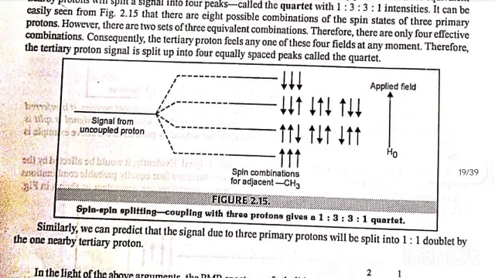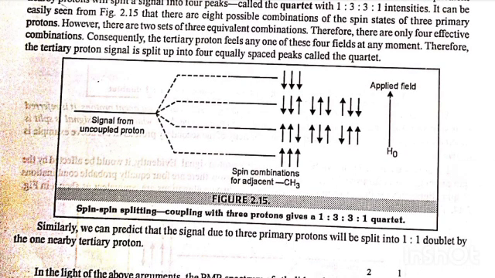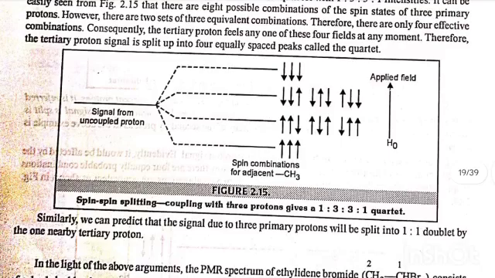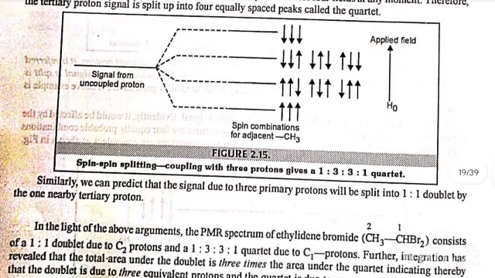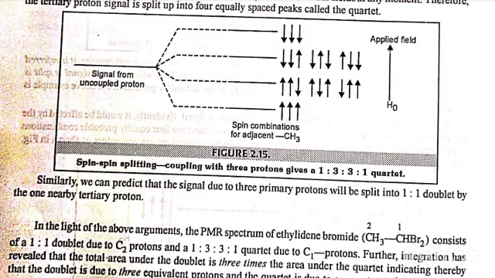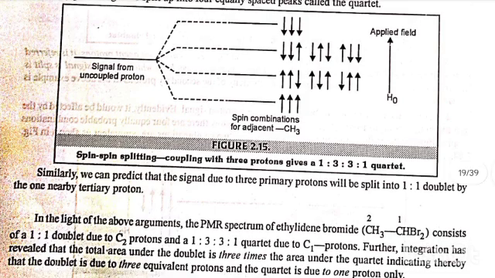However, there are 2 sets of 3 equivalent combinations. Therefore, there are only 4 effective combinations. Consequently, the tertiary proton fills only one of these 4 fields at any moment. Therefore, the tertiary proton signal is split up into 4 equally spaced peaks called a quartet.